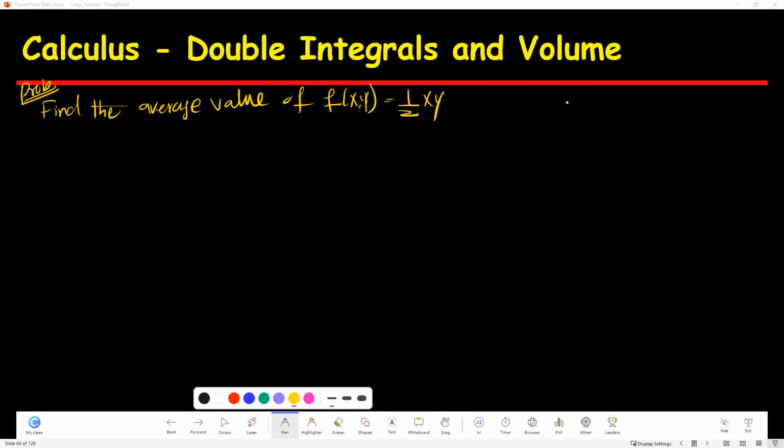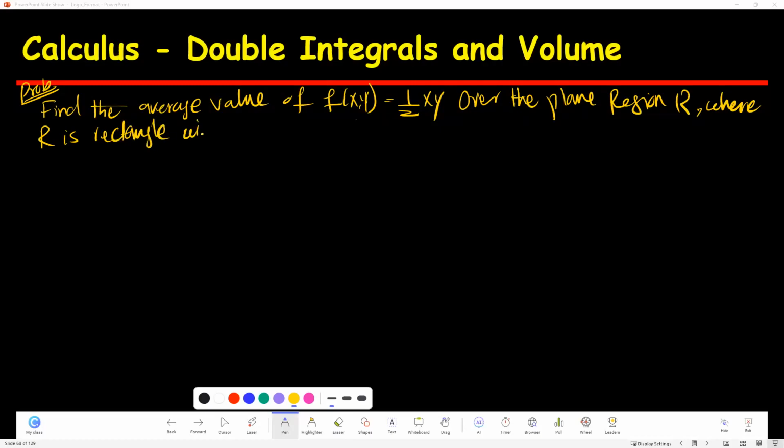That is my function over the plane region R, where R is a rectangle with vertices of (0, 0), (4, 0), (4, 3), and (0, 3).